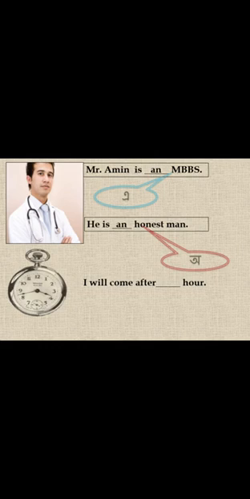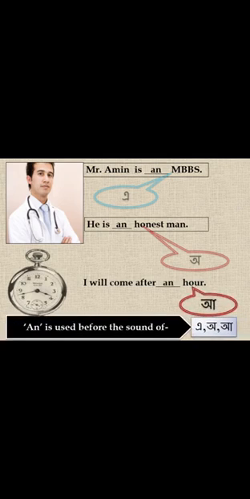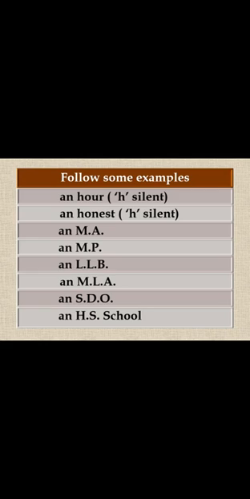See, here also H is pronounced like a vowel. Hour. That's why instead of A, here will be AN. AN is used before the sound of A or E. An hour, H is silent. An honest, H is silent here.